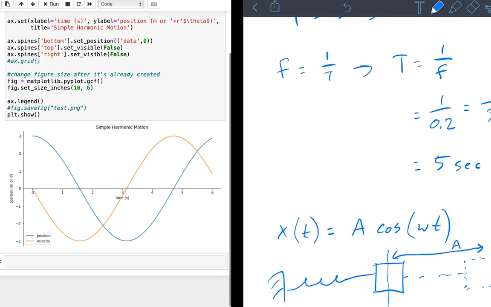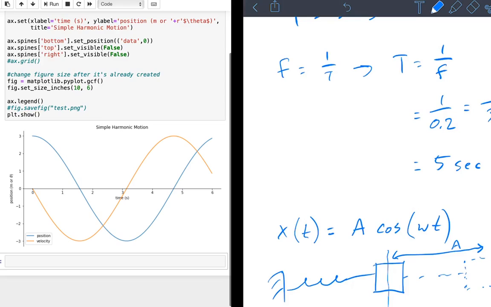So if we start here, remember this is our position graph, this is our velocity graph. It's going to be moving to the left, increasing amounts. Then as this is our position, remember, it crosses the origin here, it's going to start moving back up.